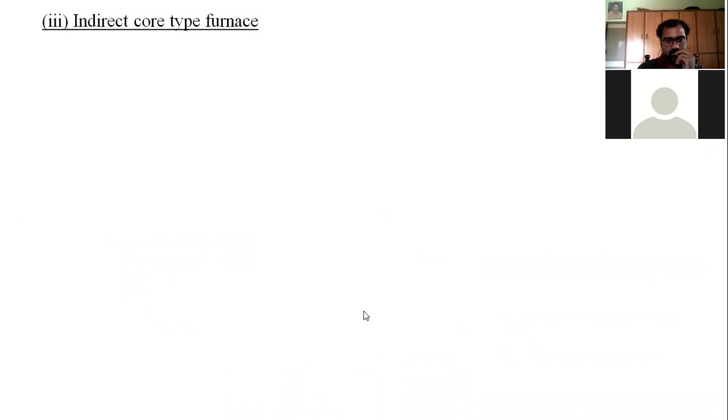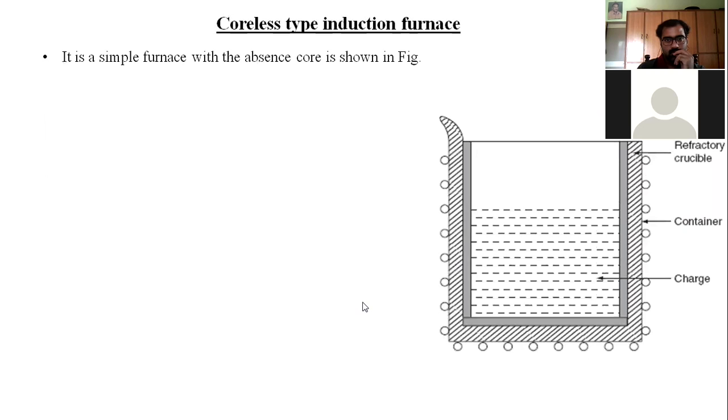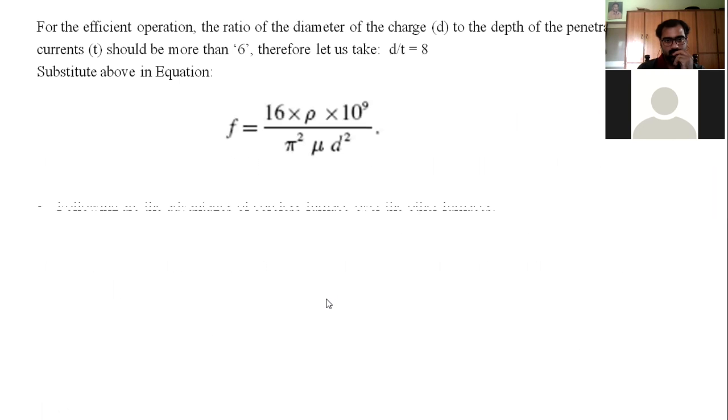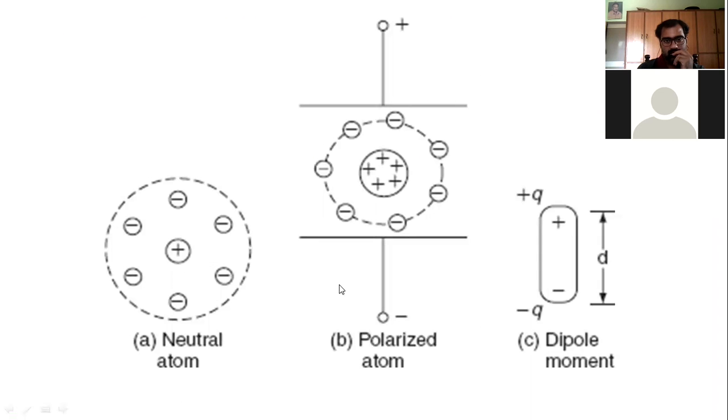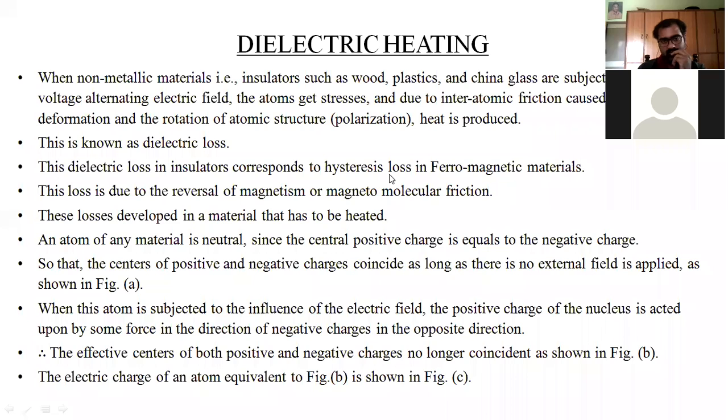Okay, let's continue. I hope you understand the thing here. The hysteresis loss occurs in the ferromagnetic material, whereas in induction heating, the eddy current loss occurs for non-magnetic materials.